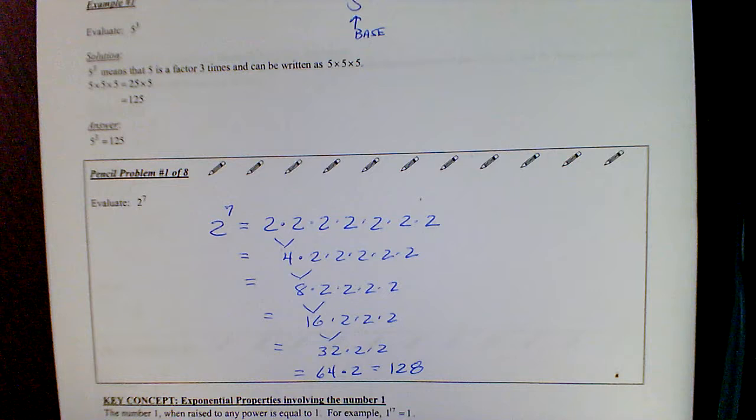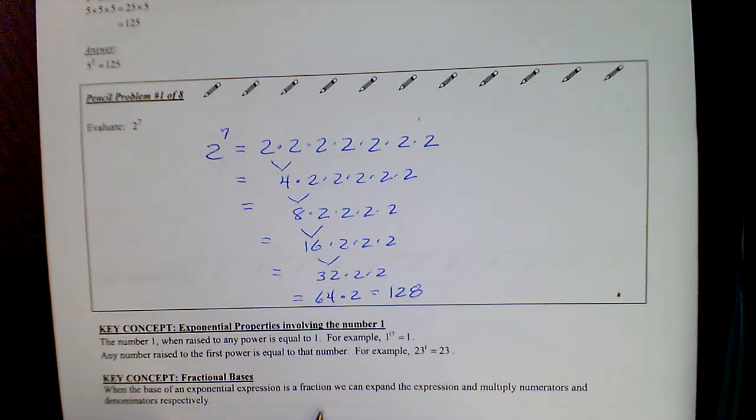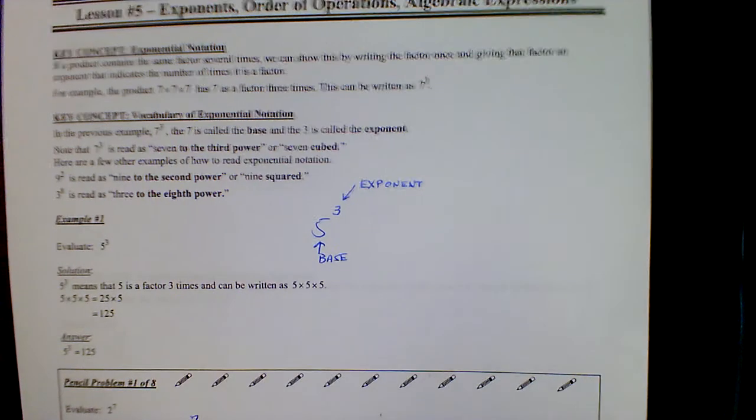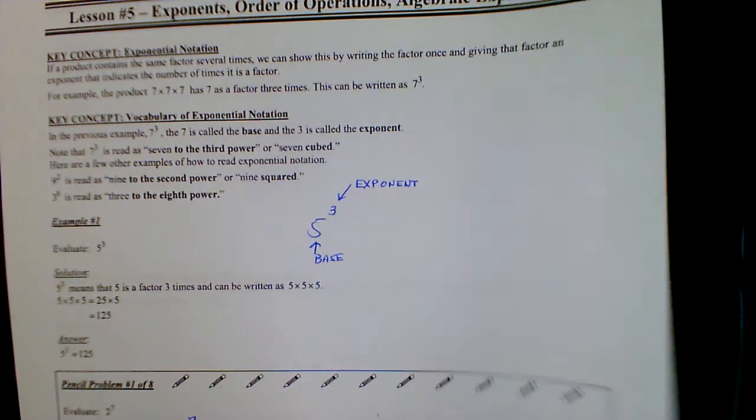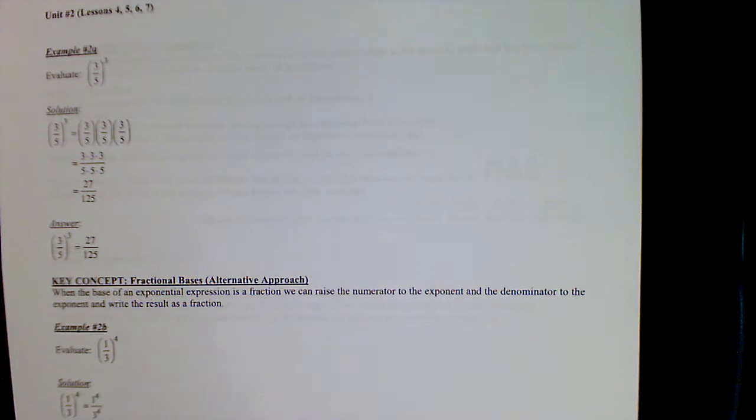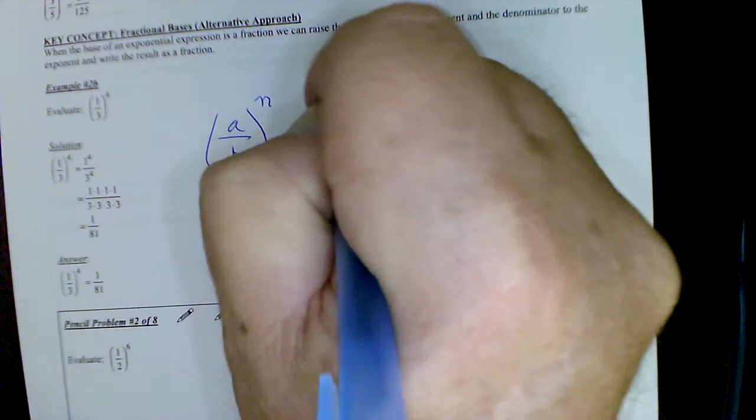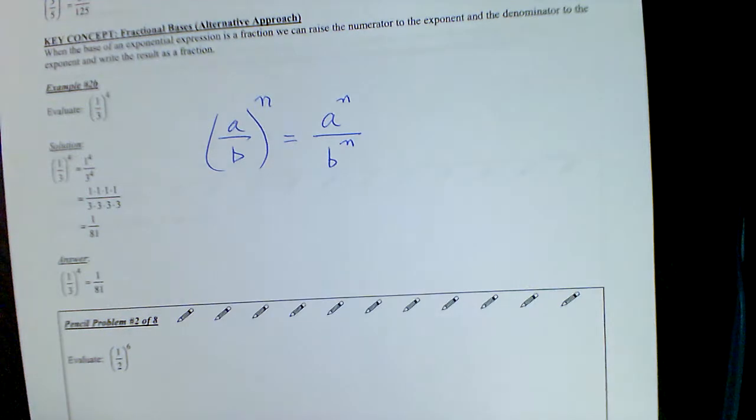So here's some exponential properties involving 1, and next key concept, fractional bases. And concerning fractional bases, I like the second approach where we're basically using the property a over b raised, let's say, to the nth power is a raised to the nth over b raised to the nth.